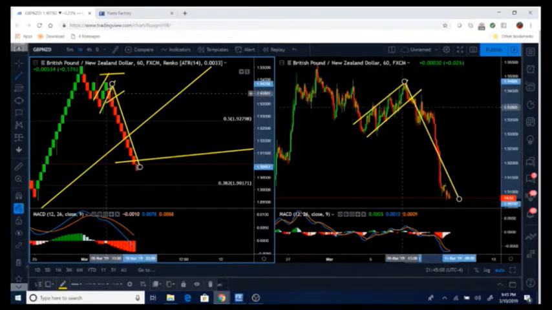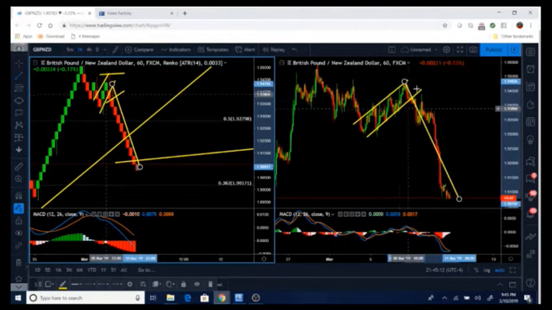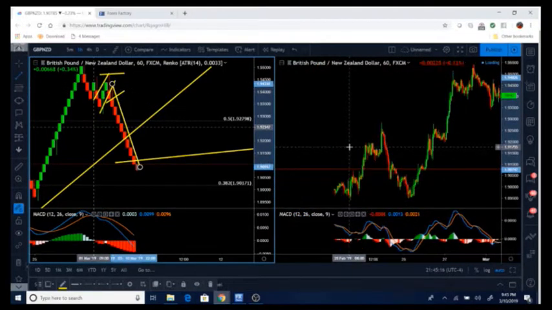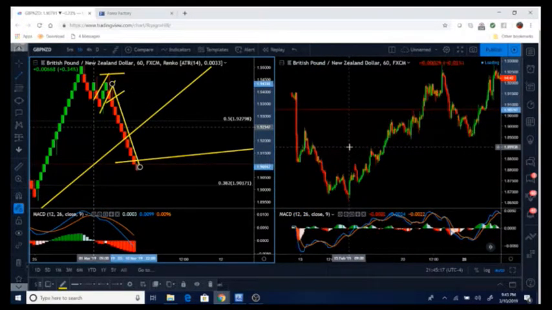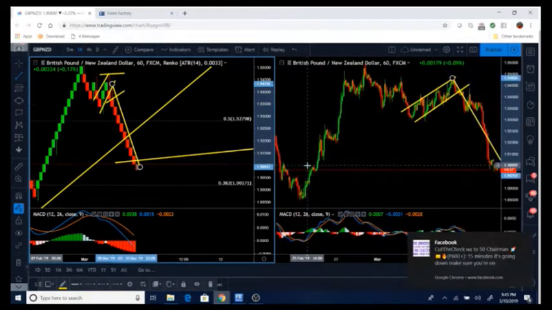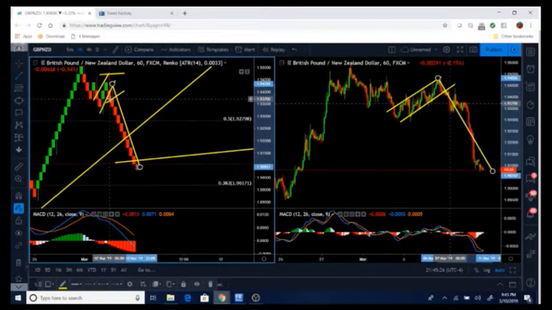There's my flag. I wait for the red brick instead of watching all these candlesticks go up and down. That's my flag. Boom. I just wait for a red brick to form.